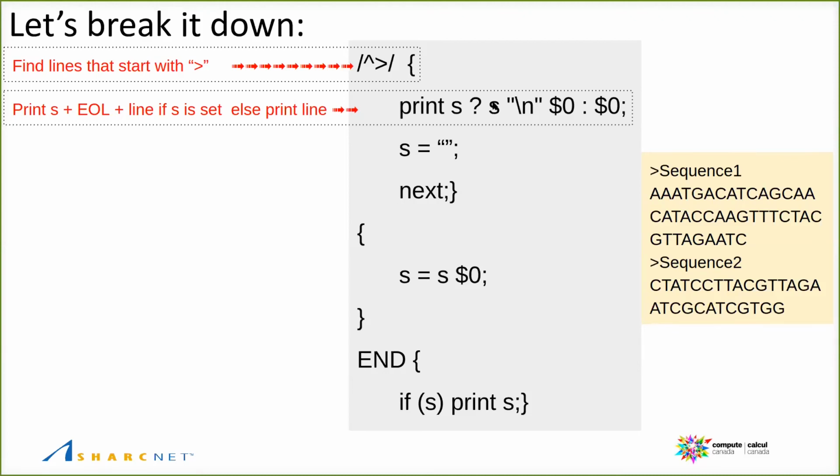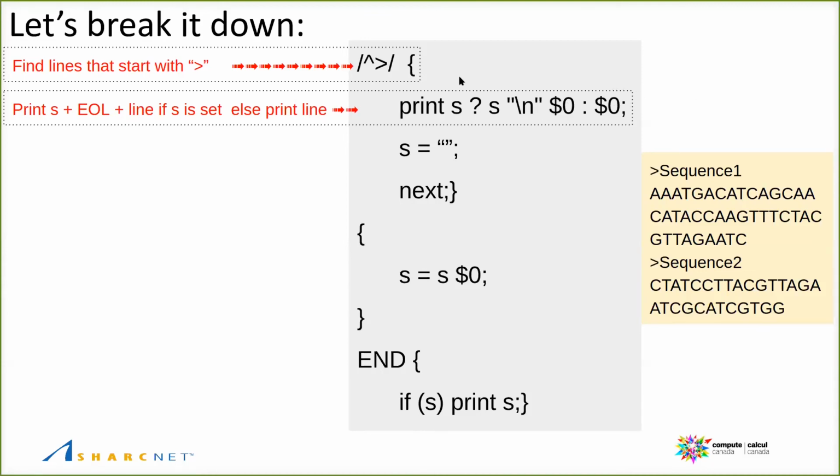So s is the actual end of line and the full line. This question mark here says, is s set? If s is set, or exists, is not empty, then it will do this. Otherwise, if s is not set, it will print the full line.